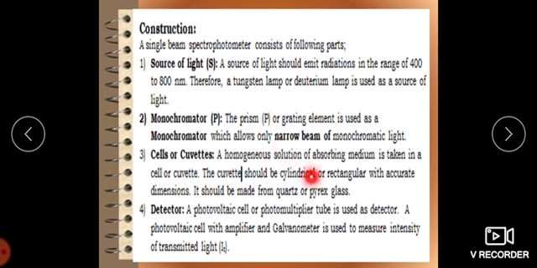The cuvette should be cylindrical or rectangular with accurate dimensions, made of quartz or Pyrex glass. The detector may be a photovoltaic cell or photomultiplier tube. A photovoltaic cell with amplifier and galvanometer is used to measure the intensity of transmitted light.